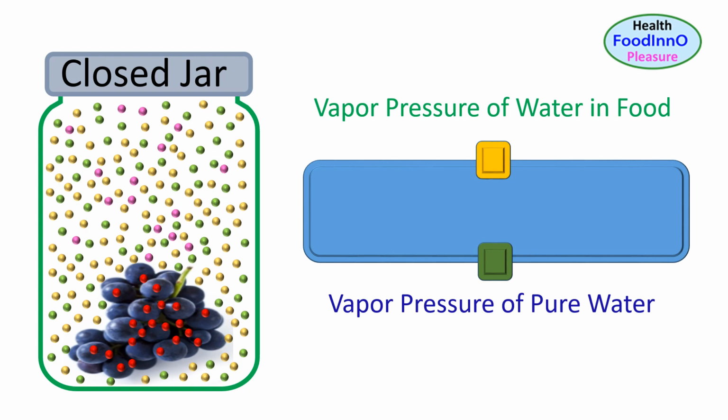It is important to mention here that it should be at constant temperature. Thus, water activity is the ratio of these two water vapor pressures. At the end of this video, I will explain more on the theoretical thermodynamic basis of water activity.